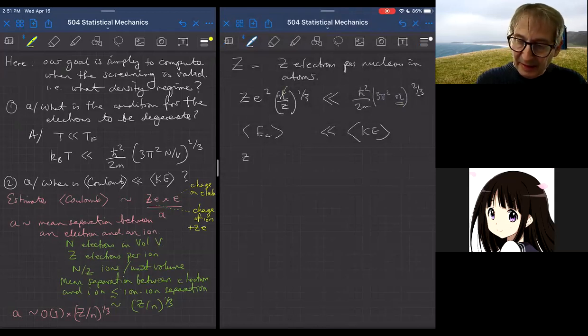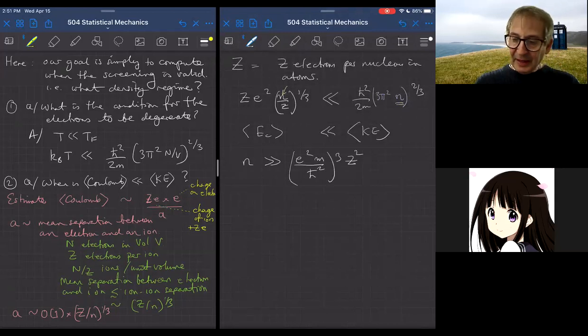And so now what's going to happen is that I get that Z, let me write it this way. What I get then is that n should be greater than (e squared m over h bar squared) cubed times Z squared. So in other words, before I had a condition that n should be less than something, but now I've got a condition that n is greater than something, and this is strange because this is a high density limit, not a low density limit.